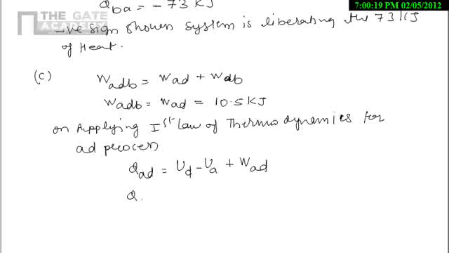So QAD in part C, UD is 42, UA is 0, and WAD is already calculated, 10.5. So we are having QAD will be 52.5 kilojoule.